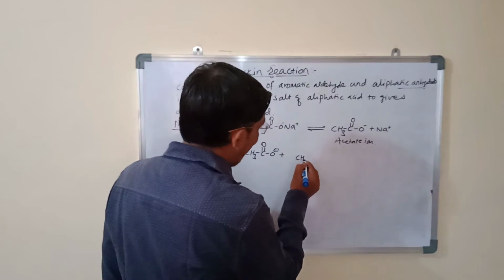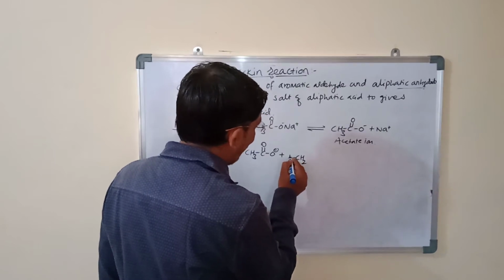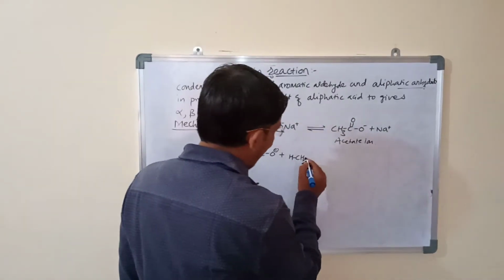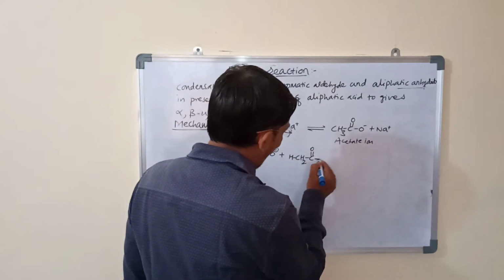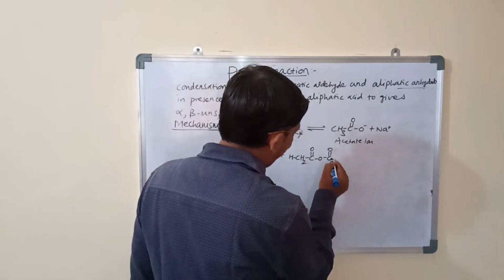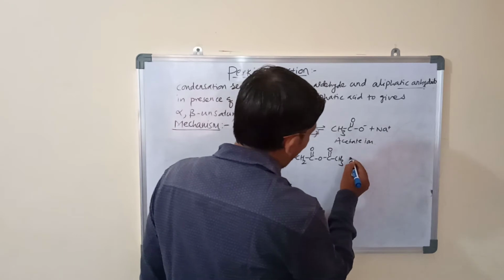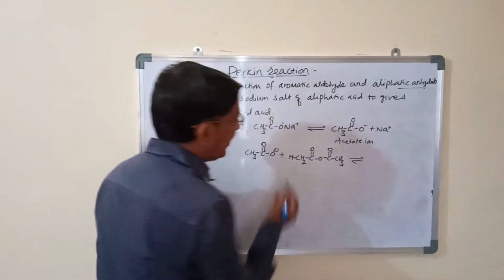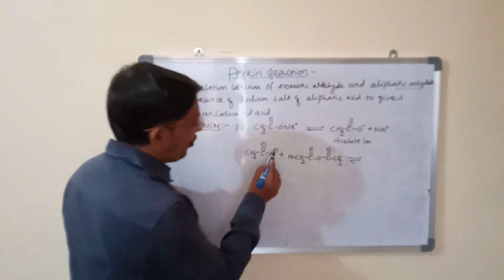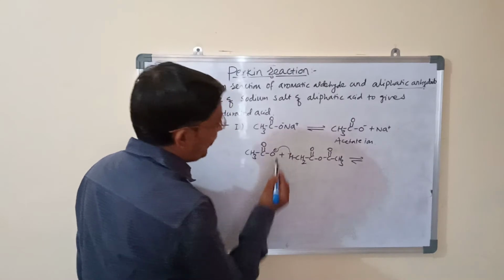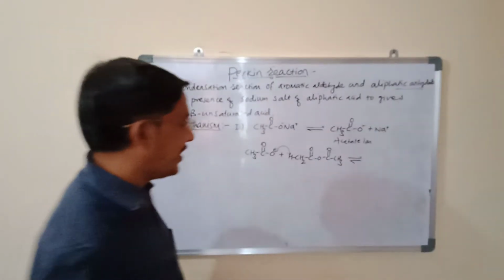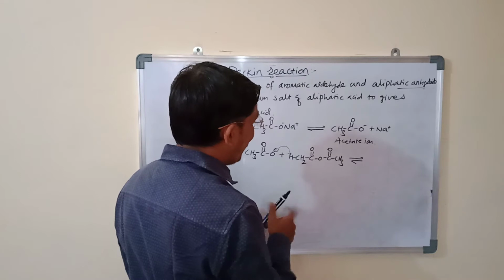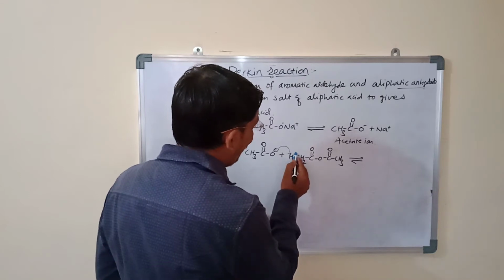I will write the anhydride as CH3 C double bond O OCOCH3, with the acidic hydrogens on the CH3. The negative charge will abstract the proton from the alpha carbon, and the C-H electrons shift towards this carbon.